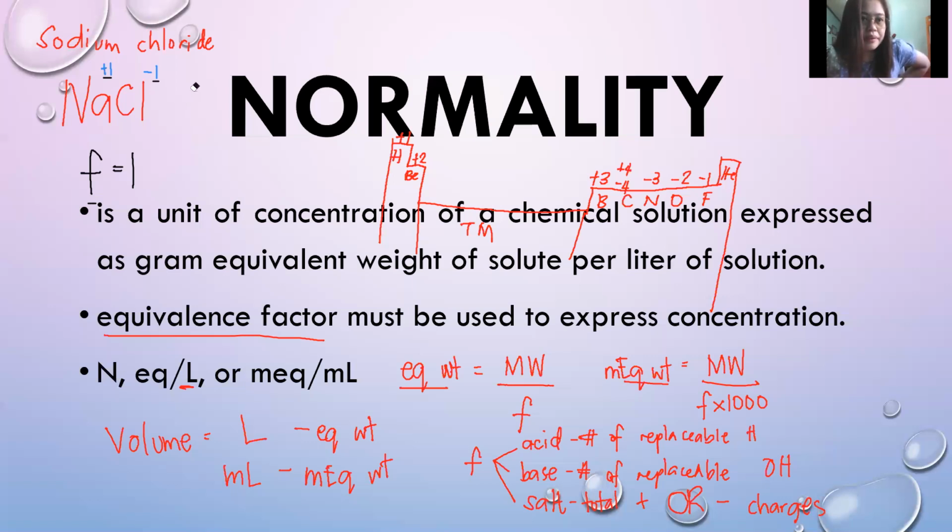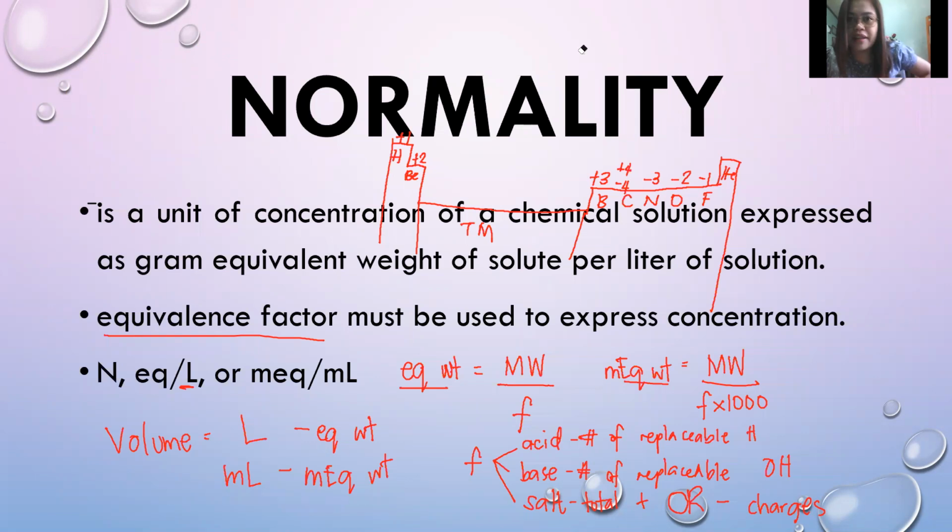Another example ta. Kasi the sodium chloride is the most common one. Let's have a bit higher pa, complicated one. Sige, let's have another one. Ano siya kung ginaingon na medyo complicated si normality kay daghan siya involved na data. So let's have magnesium oxide.